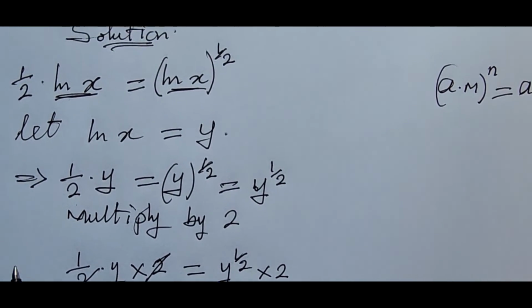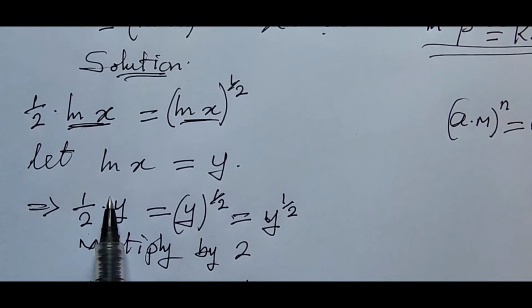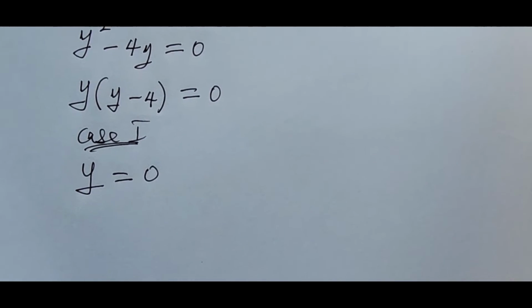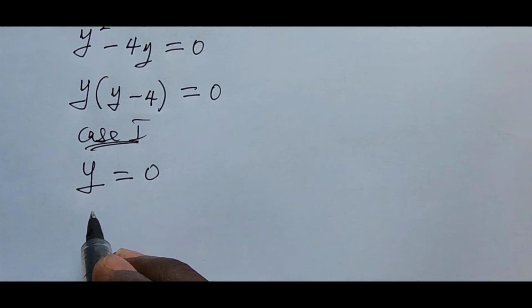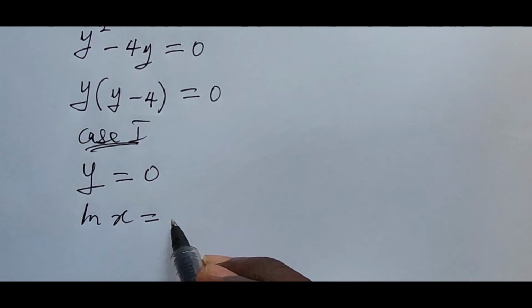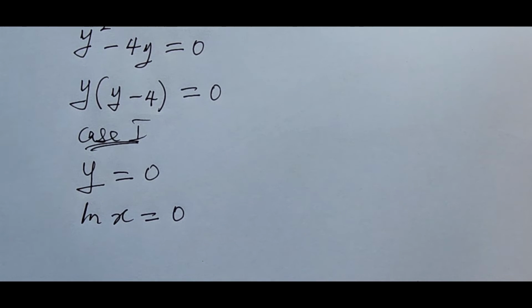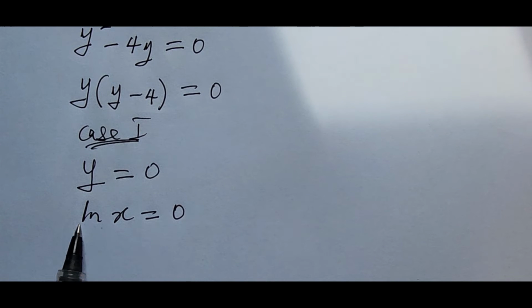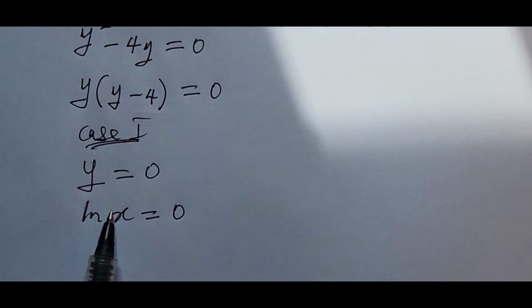But remember where we did our substitution. We said that let the ln of x be equal to y. So we bring back the expression, and this gives us ln of x is equal to 0. We are looking for x, right? This is ln base e, so we can bring e into the system and raise it to this expression, and do the same thing on the other side.